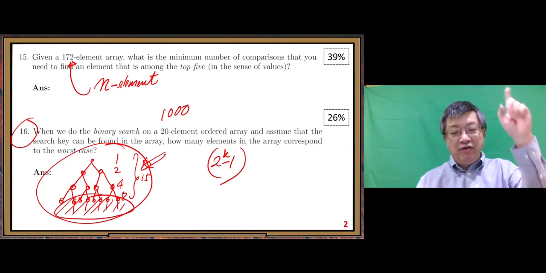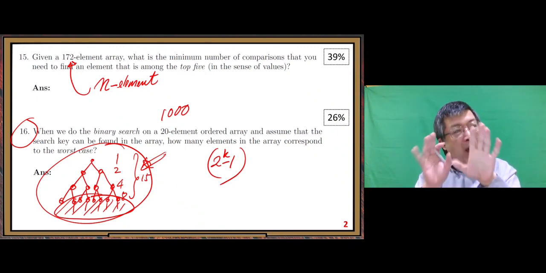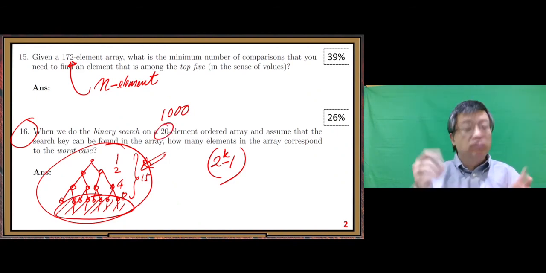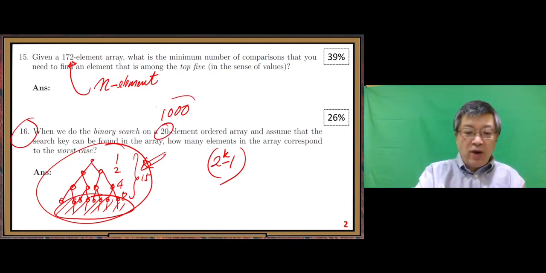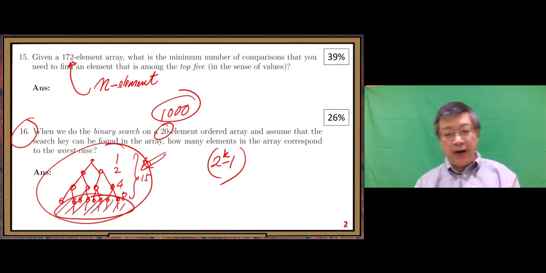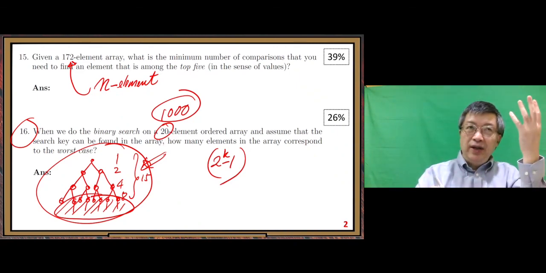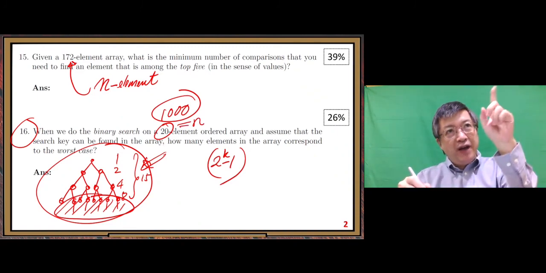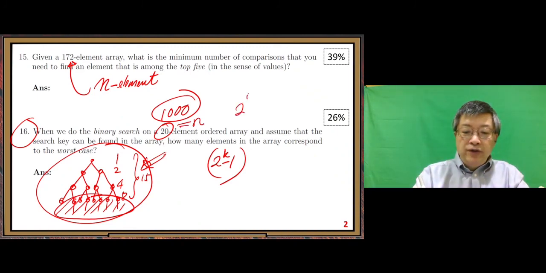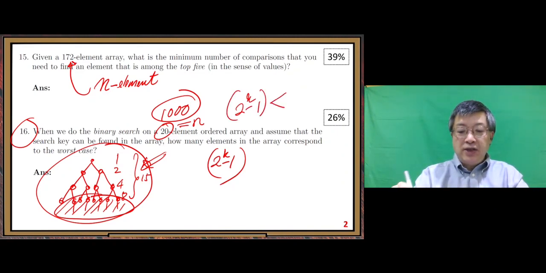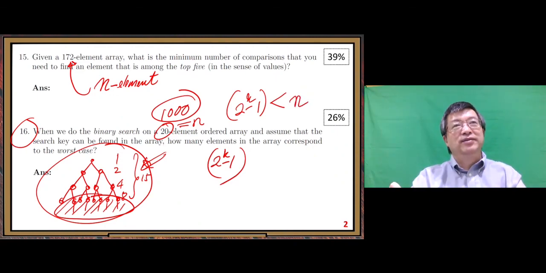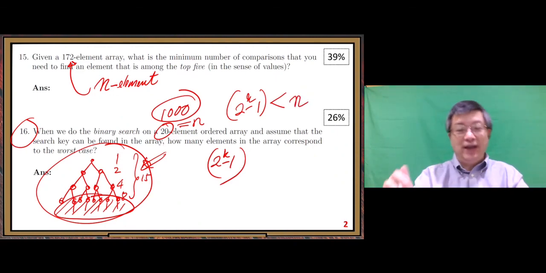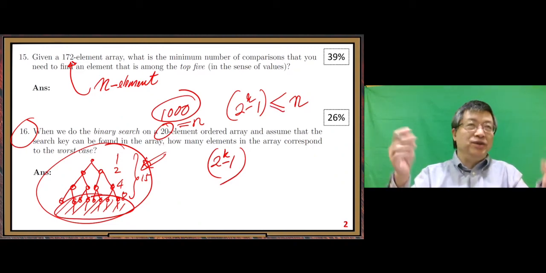Let me first use this new way to solve our original question, then we go to the 1,000 case. n equals 20. First, we need to find that 2^k minus 1 that is less than or equal to n.